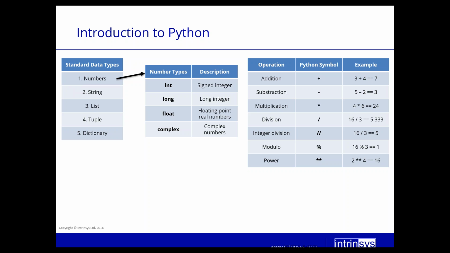So addition, subtraction, multiplication, division is probably clear for everybody. Integer division only leaves the integer part. Modulo only leaves the remainder part after division. And power raises the number to a given power. So these are your simplest arithmetic operators that you can use.